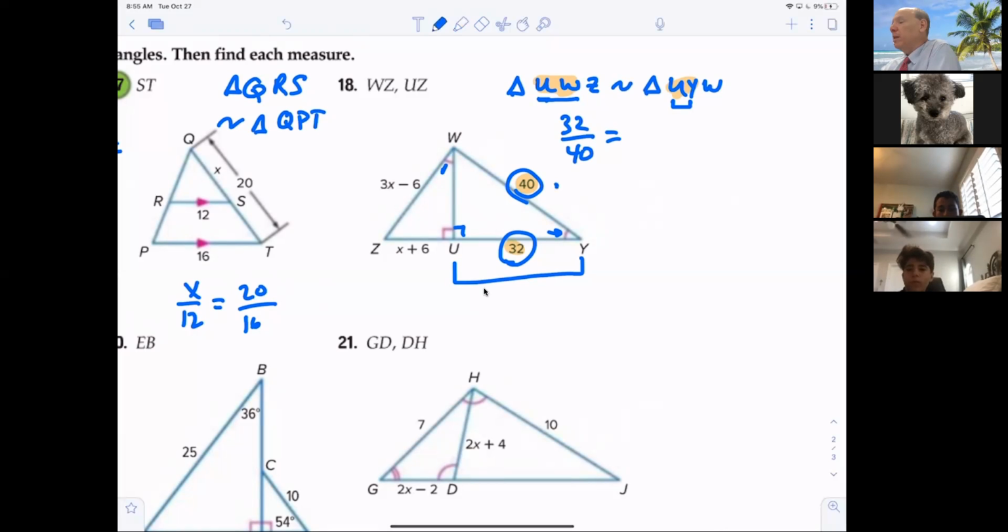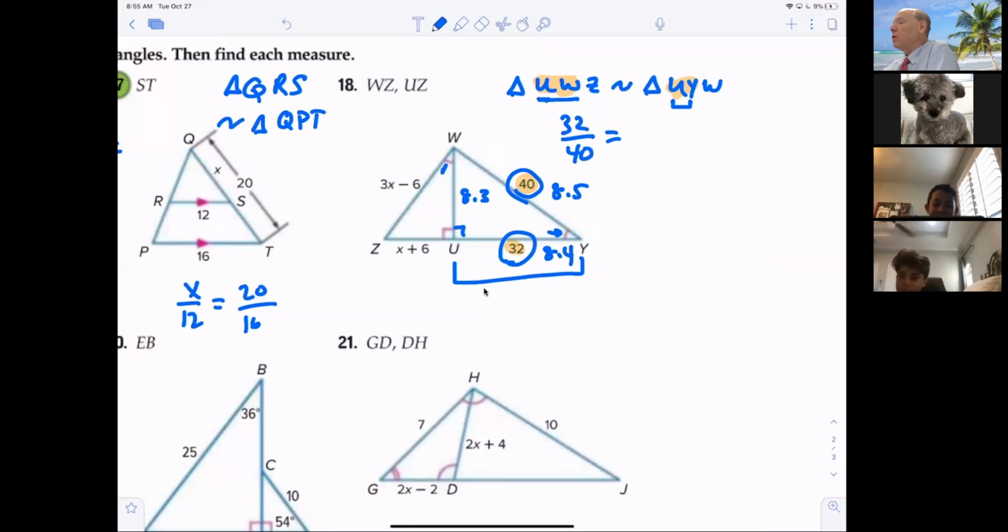So now remember, this is 8 times 5. This is 8 times 4. So this is 8 times 3. 3, 4, 5 triangle. I'm going to do that over and over and over to try to convince you. All right, so I already know UW is what? 24.